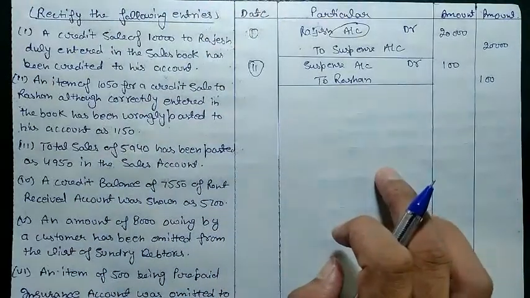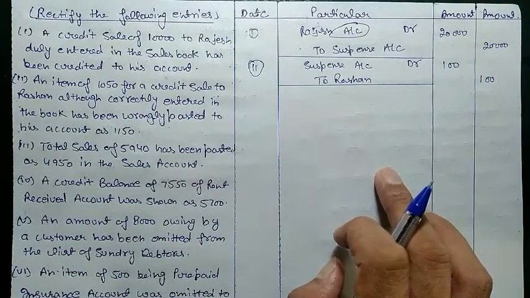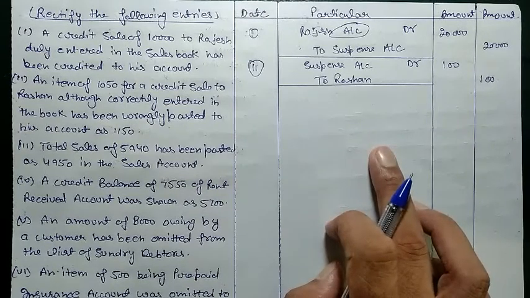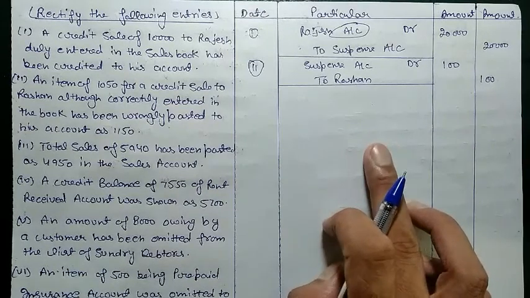We needed to debit his account by only 1050, but we debited his account by 1150. So these are the little mistakes that we make in our normal accounting, because an accountant sometimes faces some difficulties in posting entries. So he might make some mistakes in that.